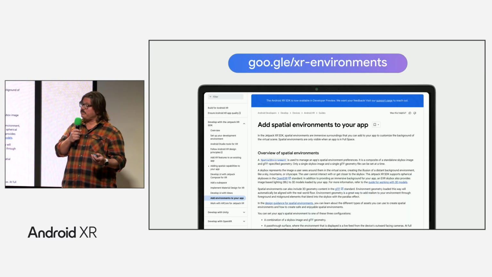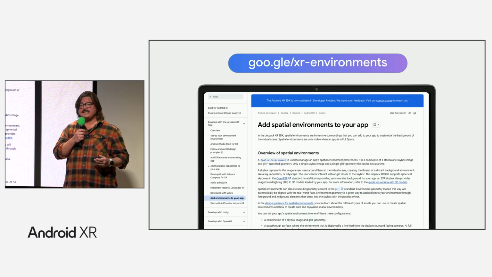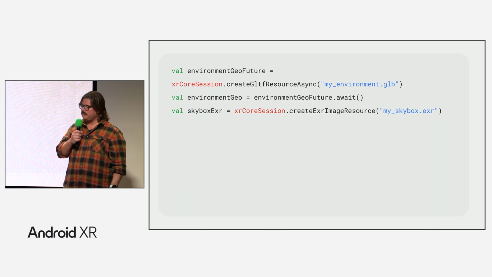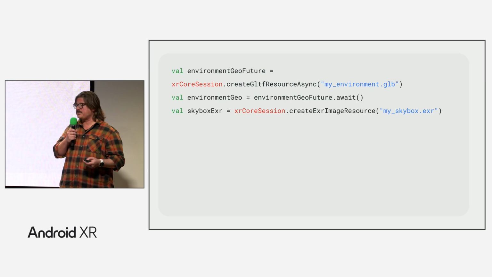To implement environments in your app, you'll start with assets that achieve high quality resolution while maintaining a reasonable file size. To help you accomplish this, we provide guidance and optimization tools to support you in authoring assets. So be sure to check those out to get started. Once you have the right assets, you can load the skybox or geometry resources by calling the methods on the XR session.